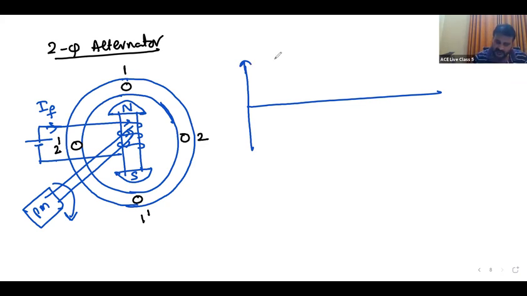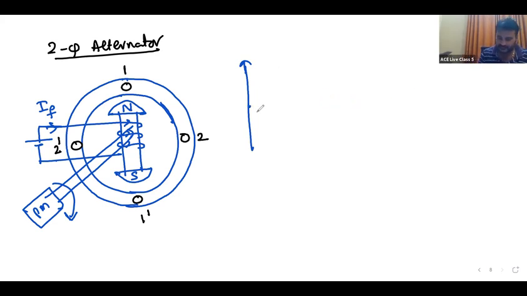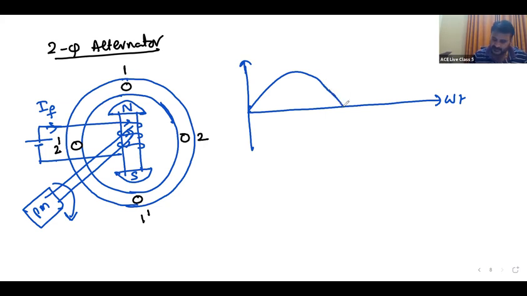If you draw the waveform, phase 1 is like this, against omega t. This is the induced EMF in 1 dash.